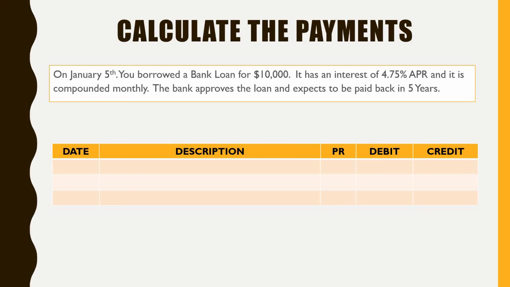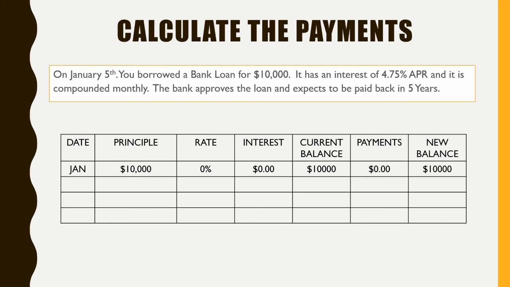First, we're going to recognize that we borrowed money, which means we have cash flow. So I'm going to borrow a bank bond for $10,000, and here is my checking, which gets a $10,000 increase because I borrowed money.